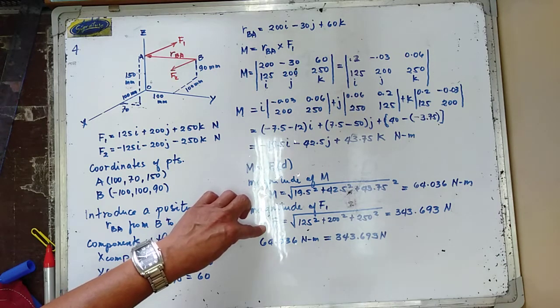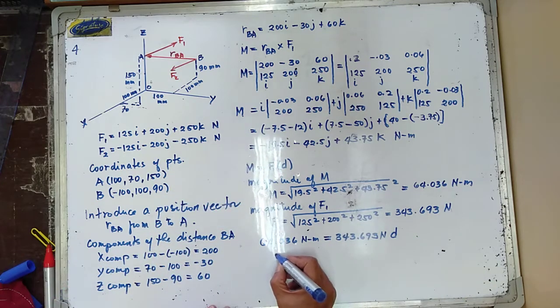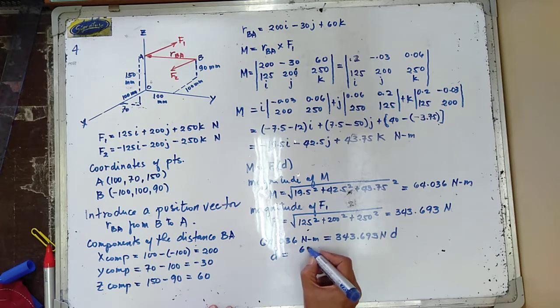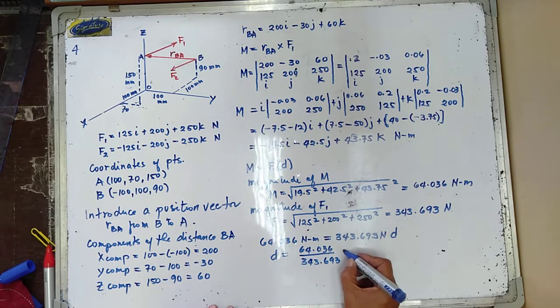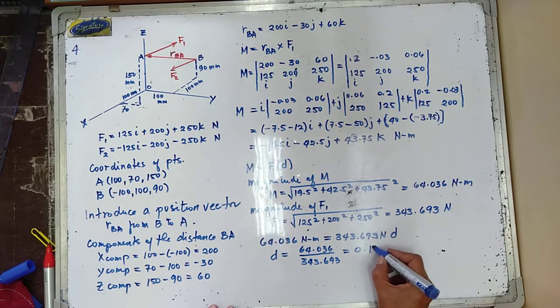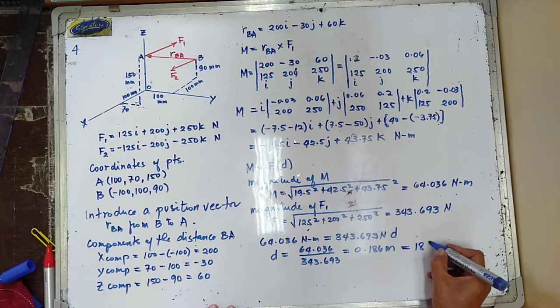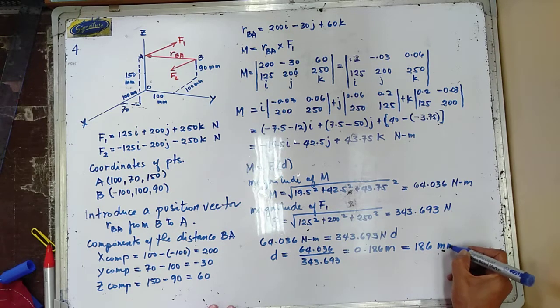Multiply this one by D. Hence, the value of D is equal to 64.036 all over 343.693, or that is equal to 0.186 meter, or this is equal to 186 millimeter.